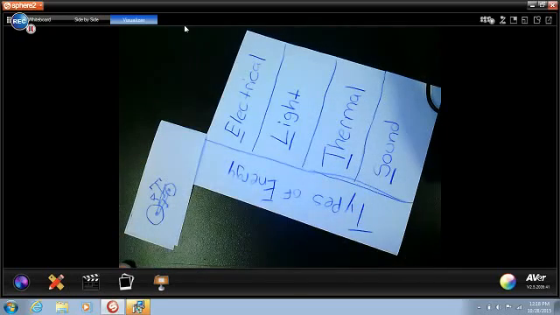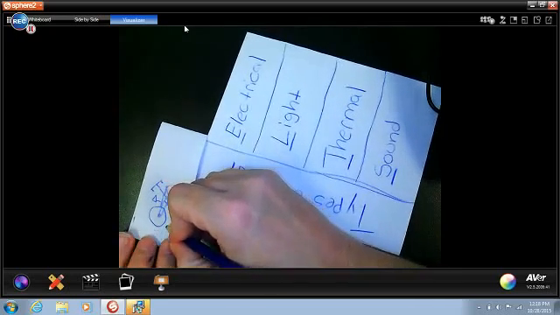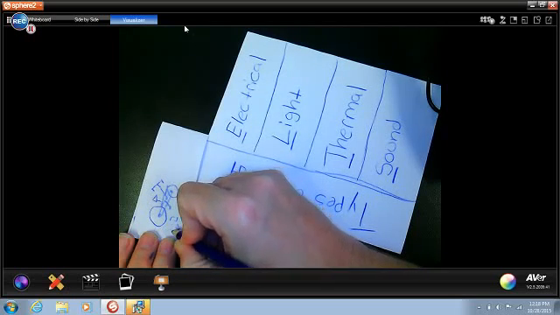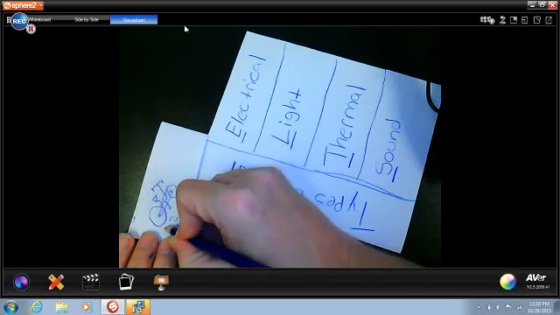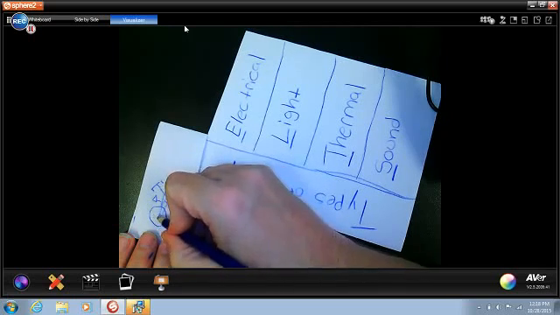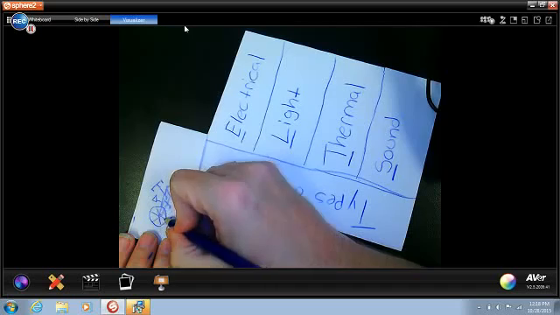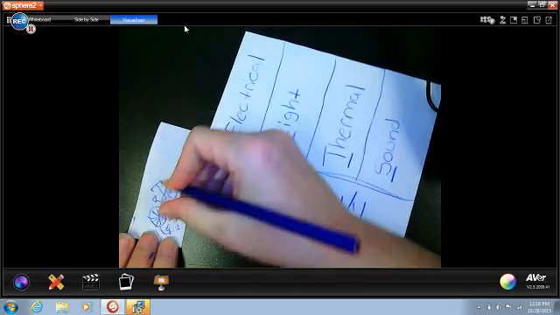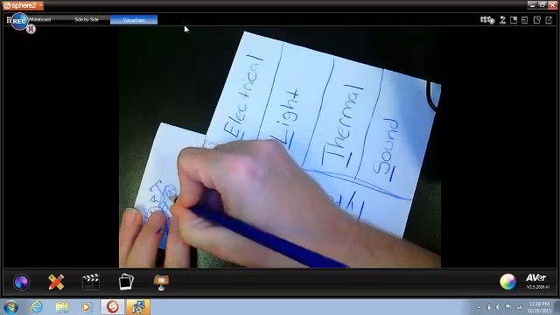Okay, so we have our bike. And I'm going to draw a little arrow right here to help me remember that this, where the bike is, is the part that moves.